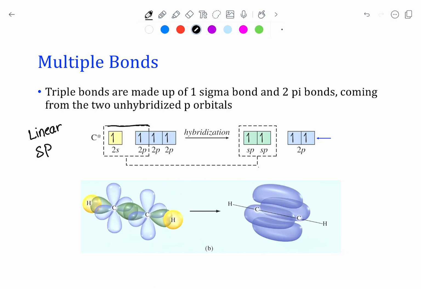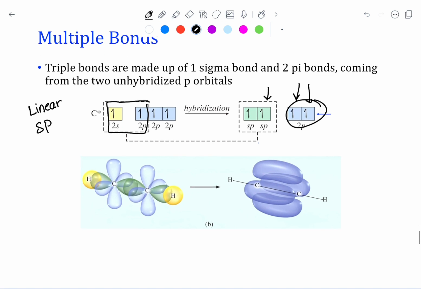So I only need two of these orbitals to form my hybrid orbitals, leaving me with two unhybridized p orbitals. Triple bonds are then made up of a sigma bond, coming from one of those hybrid orbitals, and two pi bonds coming from the two unhybridized p orbitals.